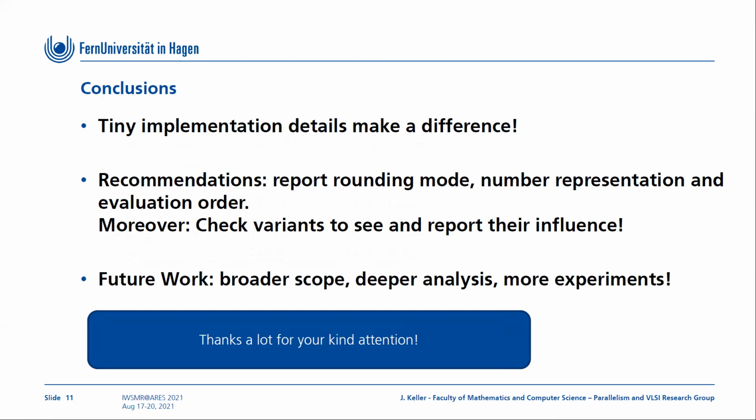Thus, our recommendations are: experimenters should report the rounding mode and the number representation used, not only floating point, but saying whether they are using float or double. They should also mention things like evaluation order if they play a role. Moreover, implementers should check those variants, like we did, to see their influence and be able to report it.